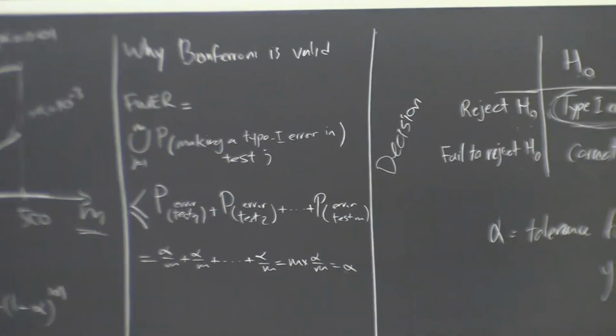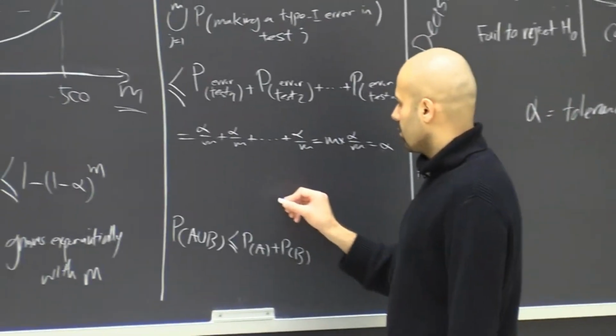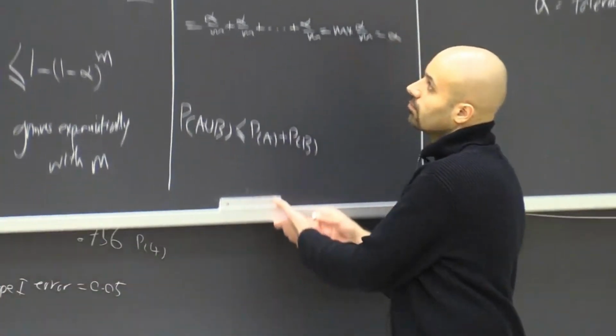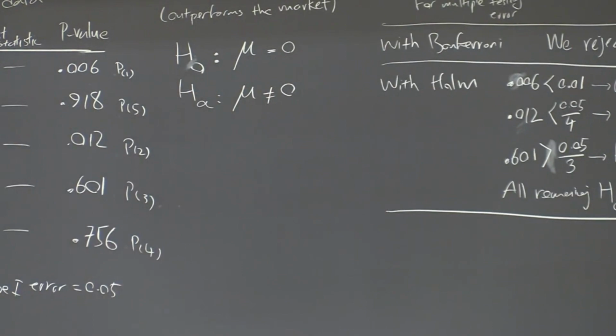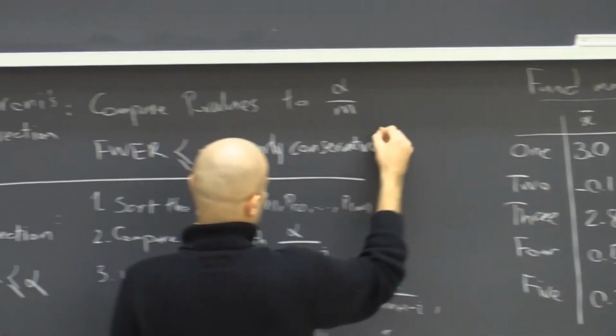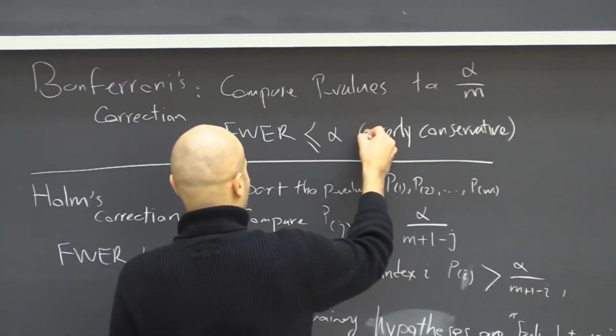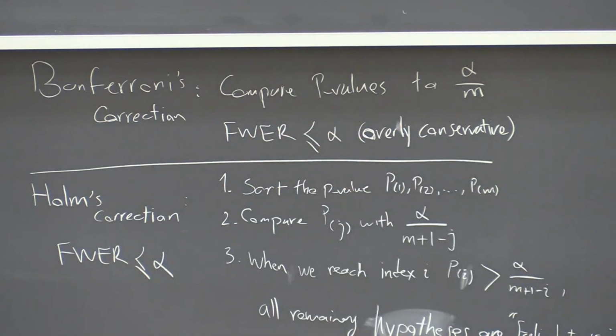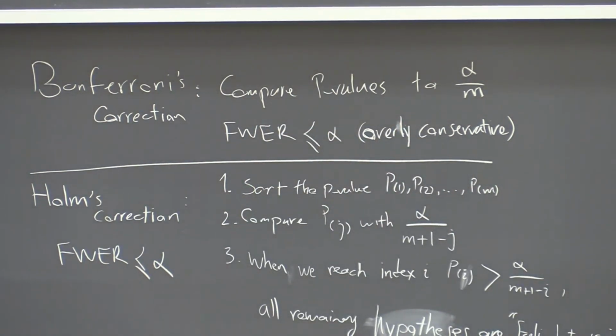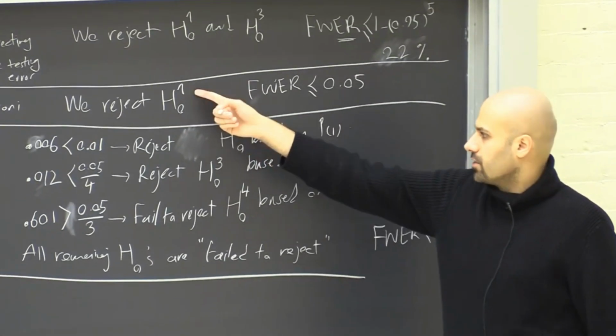So this is a very simple way of controlling the family-wise error rate. But the thing is, this method, Bonferroni, is sometimes overly conservative. The guarantee that it provides is based on a relatively loose bound. It gives us this bound that the family-wise error rate is less than 5% if we follow a process like this, which leads to only rejecting H01.